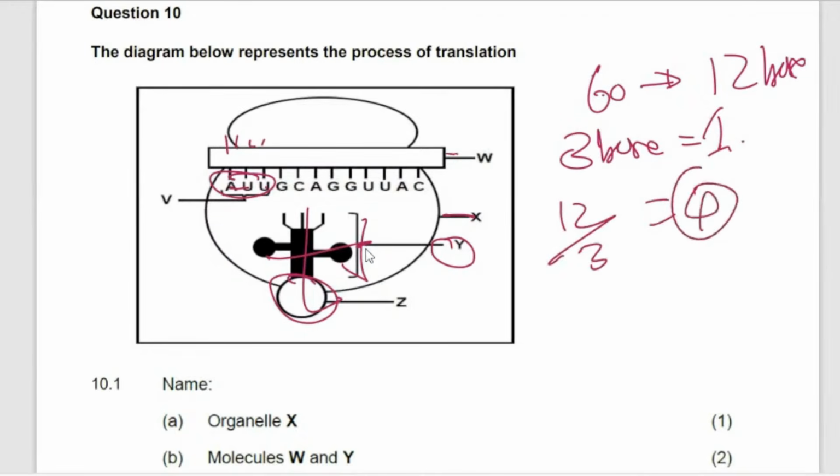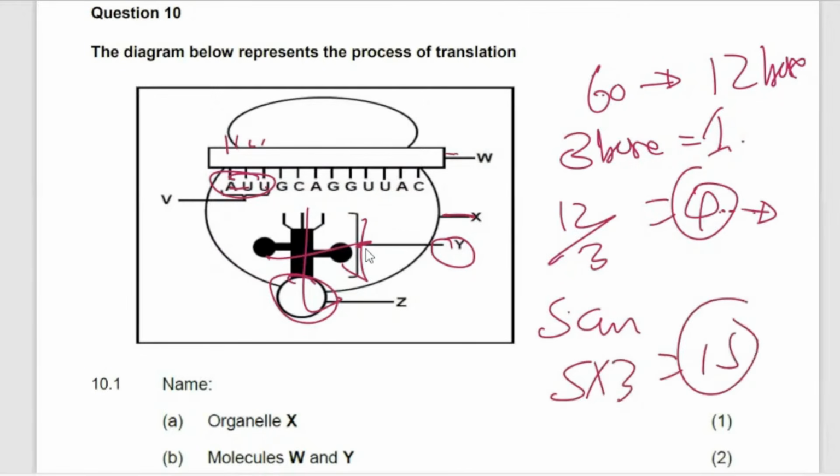How many amino acids in the 4 codons? It's going to be 4, because each codon codes for 1 amino acid. Understand? How many bases code for 5 amino acids? Remember, each amino acid is coded by 3 bases. So 5 times 3 gives me 15. You understand? So you have to know how to interpret that.